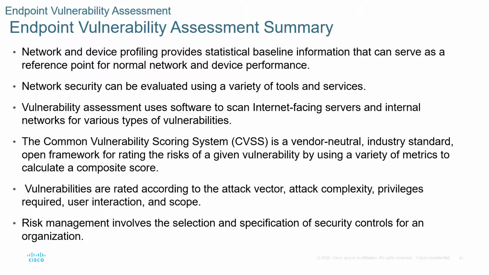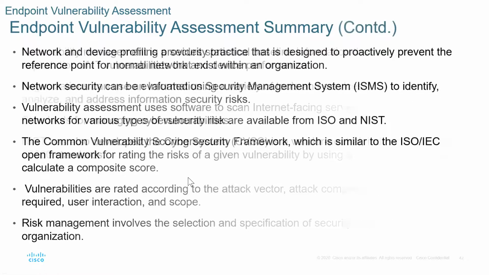This is a vendor-neutral, industry standard open framework for rating those risks in a given vulnerability, as well as the variety of metrics used to calculate that particular score. Those vulnerabilities are then rated based on attack vector, attack complexity, privileges required, user interaction, and scope. And with that, it's going to involve the selection and specification of those security controls for an organization.